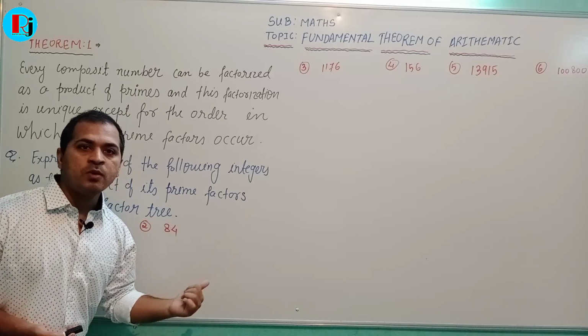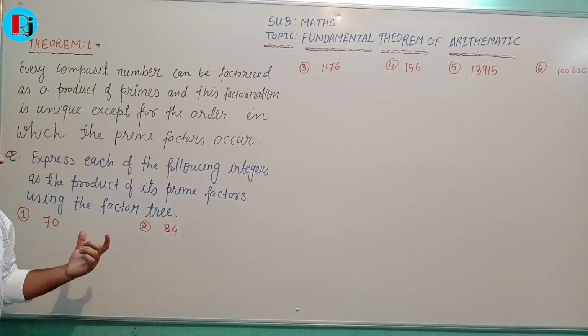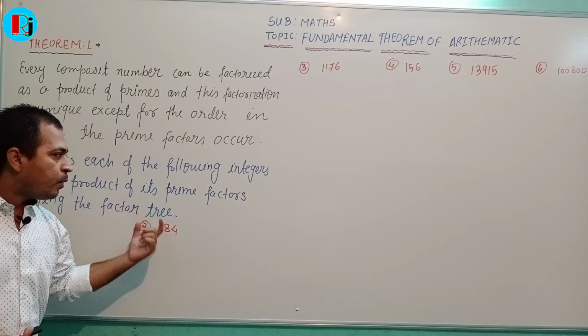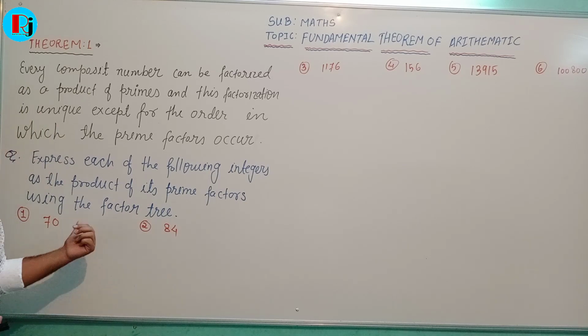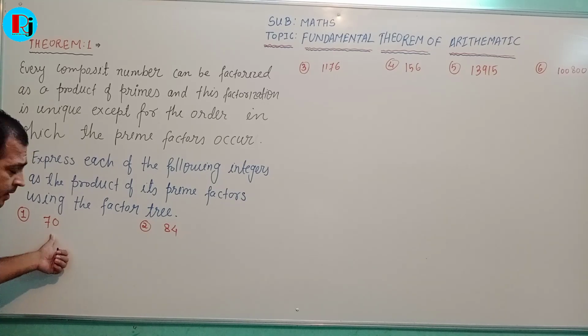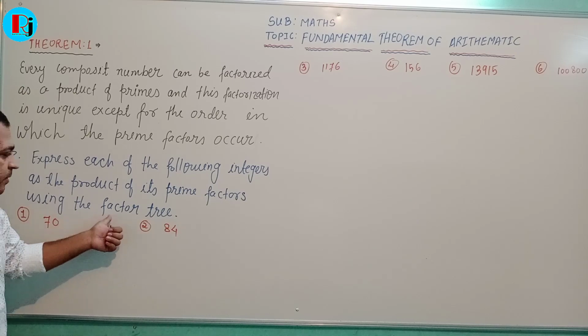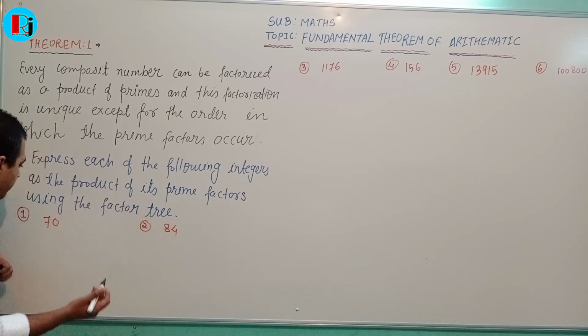Let us start over here. We will factorize these composite integers by prime factor trees. Let us see an example. We have to factorize 70 by factor tree.